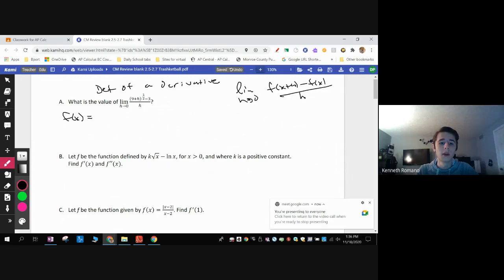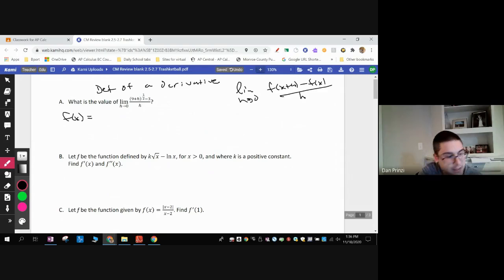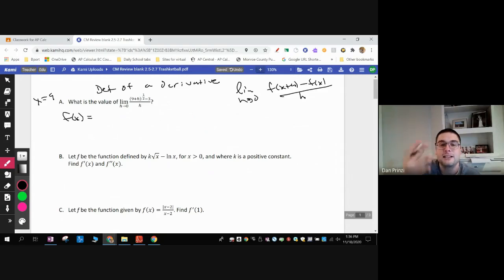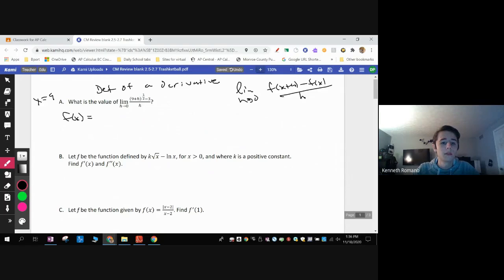Is it 9? Well, you're evaluating at x equals 9. I guess, Kenny, though, what's my equation for f? 9 is the value that they're plugging in. So is it x to the 1/2 minus 3?